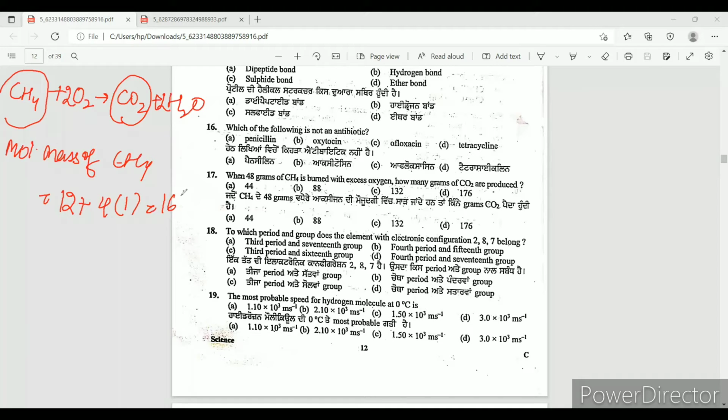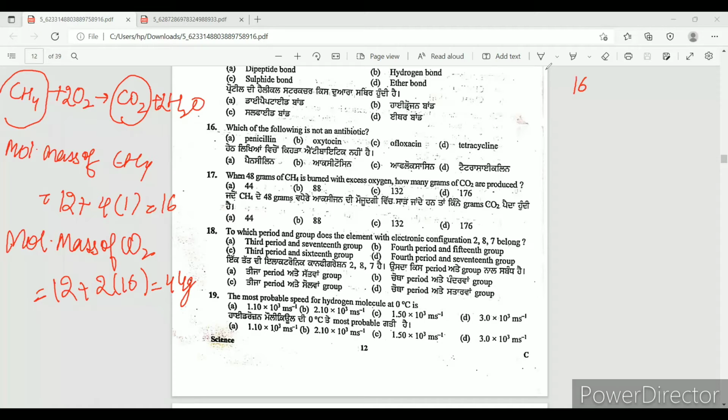Now the molecular mass of carbon dioxide: the mass of carbon is 12 and the mass of oxygen is 16. The answer comes out to be 44 grams. Now from here, it is quite clear that 16 grams of methane is producing 44 grams of carbon dioxide.